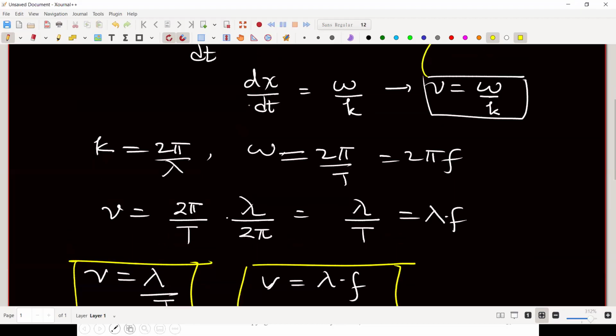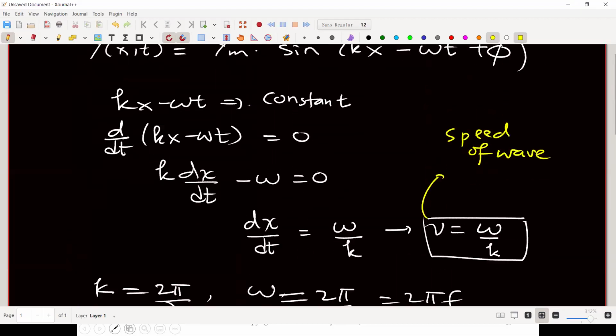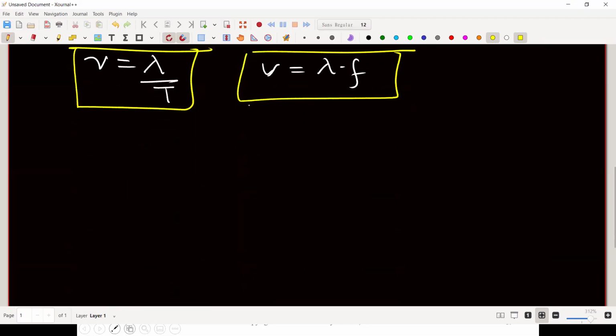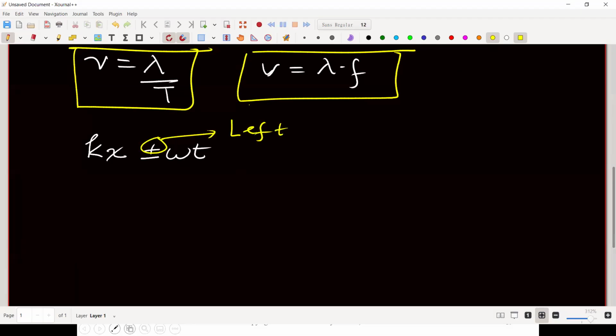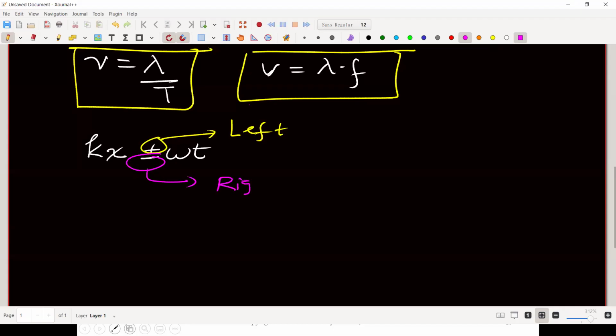And then we can see from this equation the direction of the wave. We know this one is kx plus or minus omega t. If the sign is positive, it means to the left side. But if the sign is negative, it means to the right side.